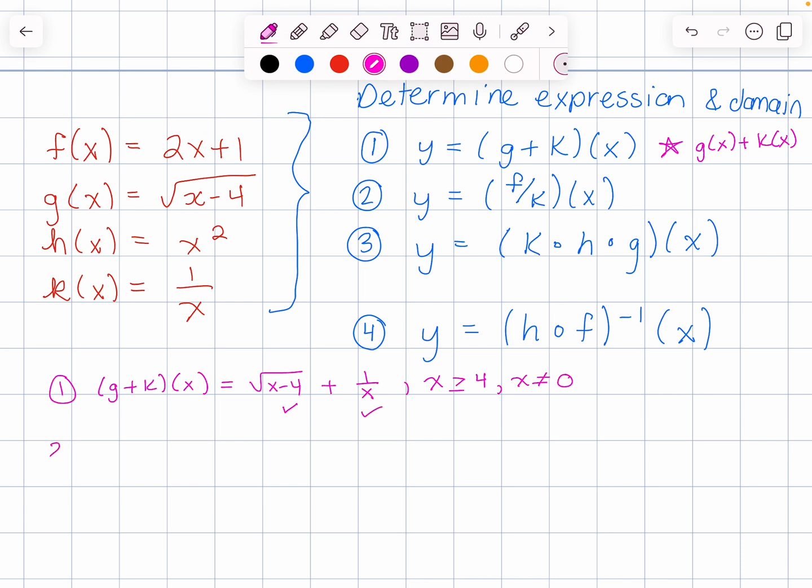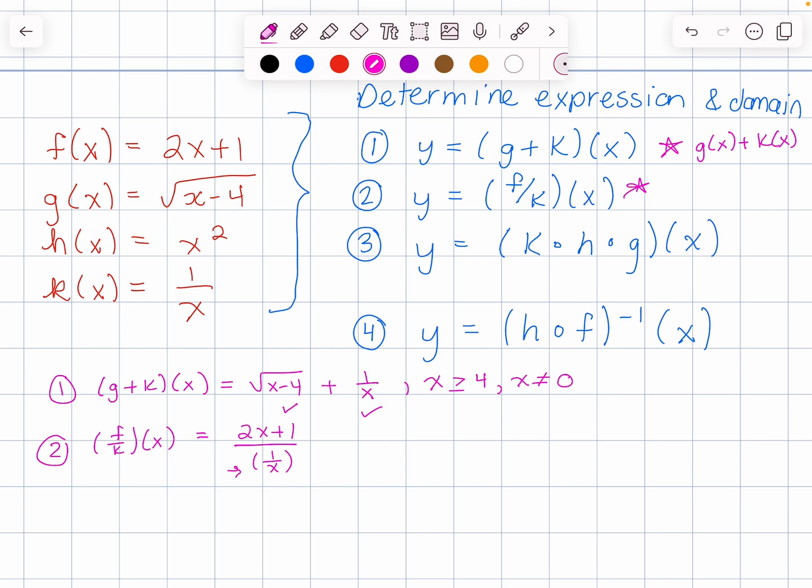Number 2. This one's for sure going to give us restrictions because we are going to get a rational function. So if we look to divide f over k of x, that means I'm going to have f of x on top, 2x plus 1, over k of x, which is 1 over x. Yes, we can simplify this, but I just want to note first, this whole thing can never equal 0.